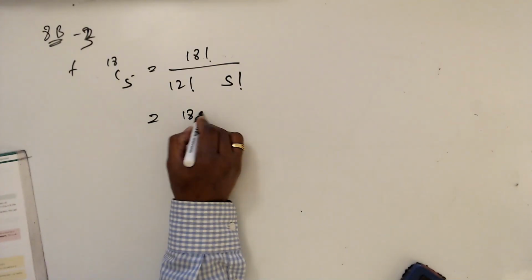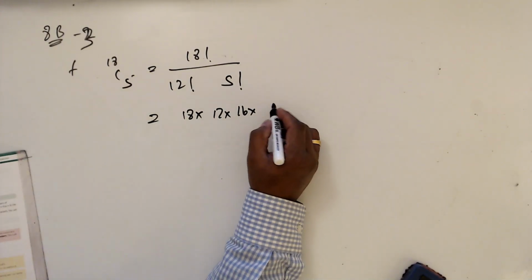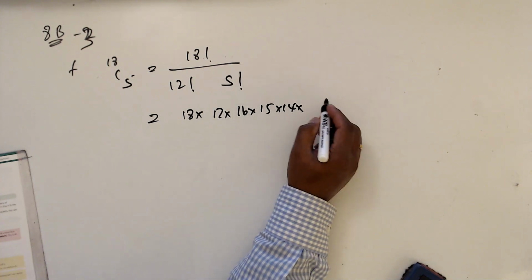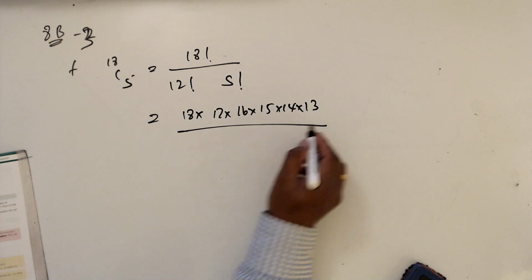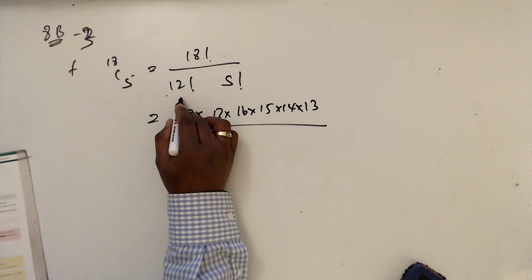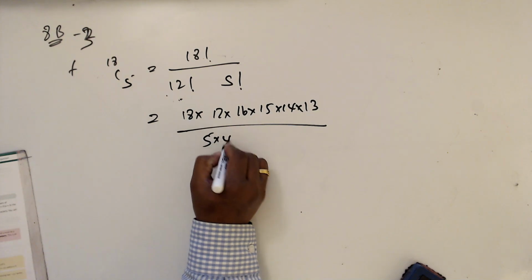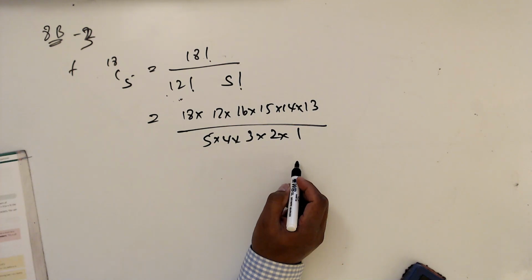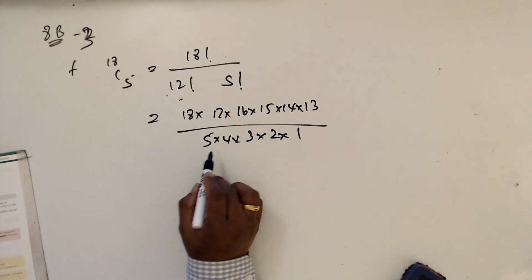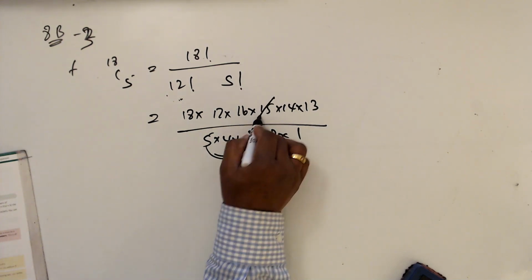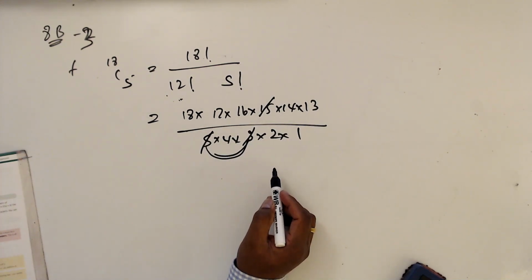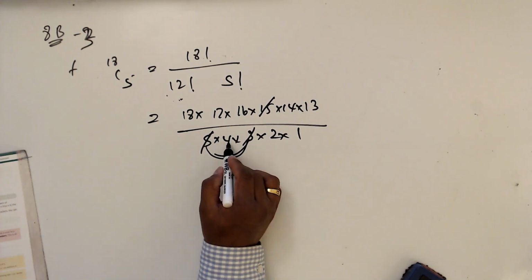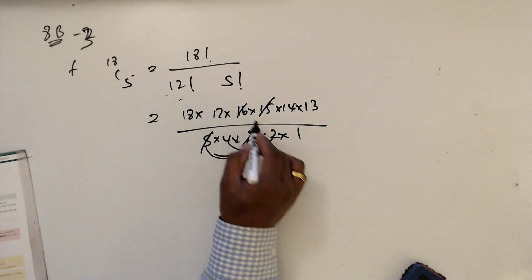So this is going to be 18, 17, 16, 15, 14, 13 divided by this cancel out, and 5 times 4 times 3 times 2 times 1. 5 times 3, 15, and this 15 cancels out. 4 times 2, 8. 8 times 2, 16, divided by 8, 2.